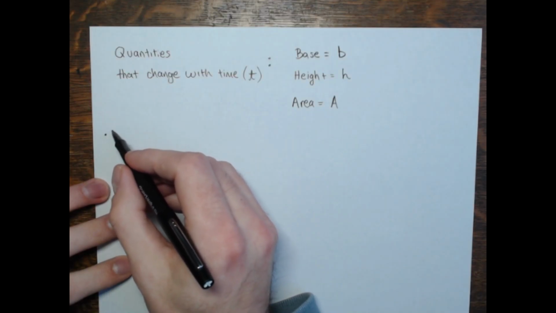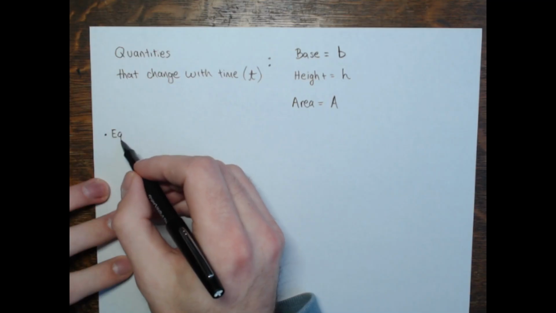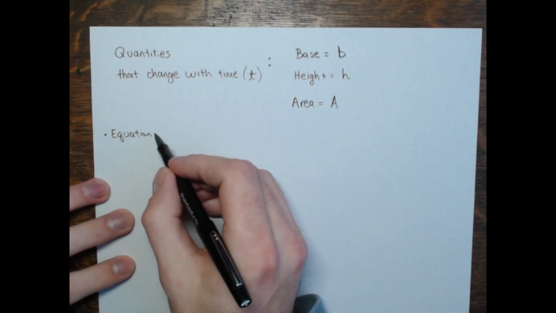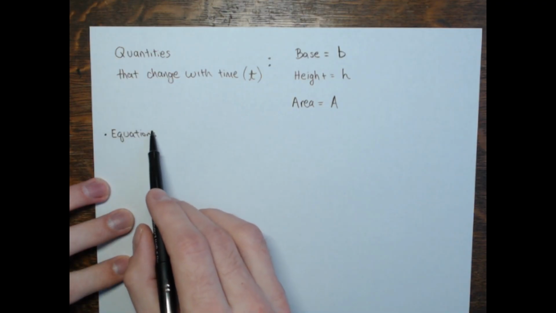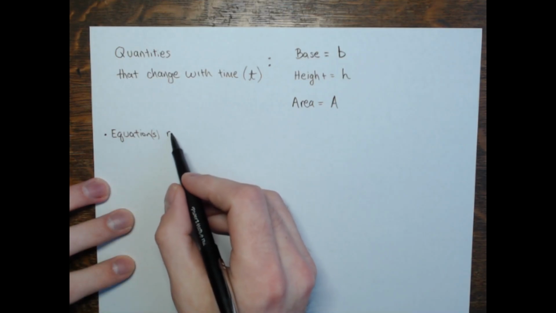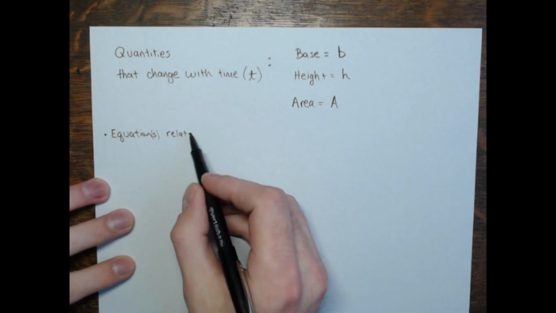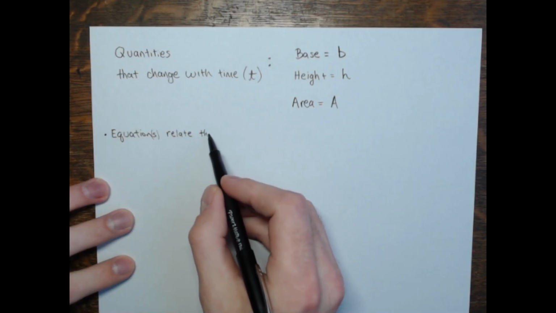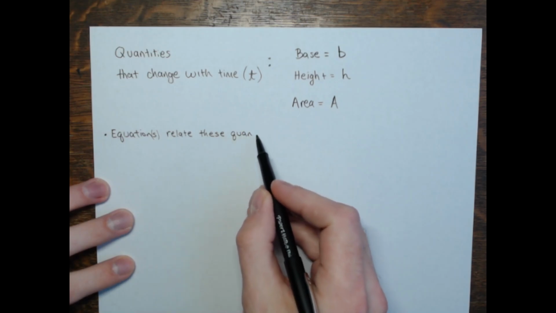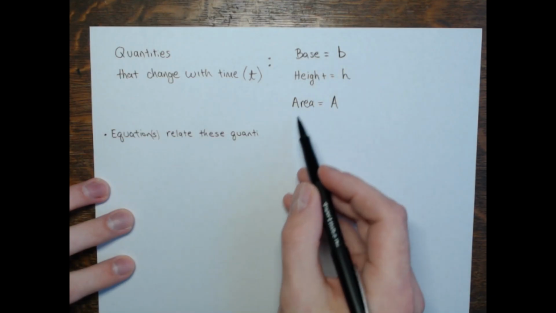So first we're going to write an equation, or equations, you might have to write more than one on occasion, but an equation or equations that relate these quantities. I'm going to write something that ties all these together.